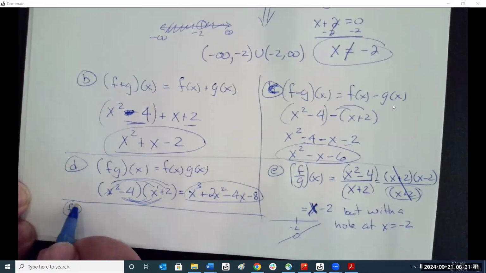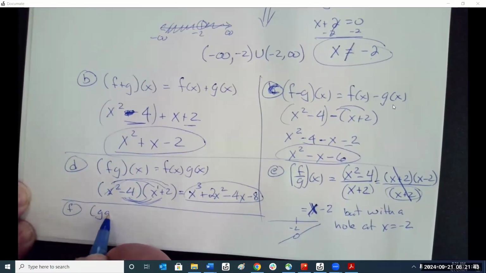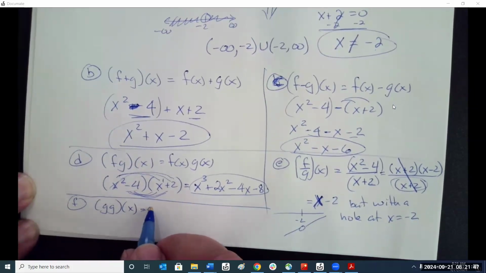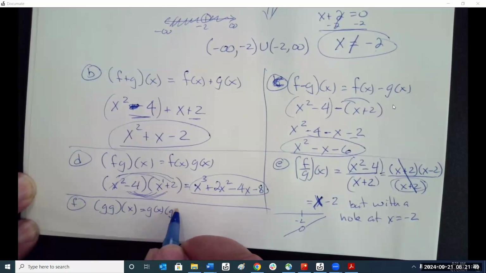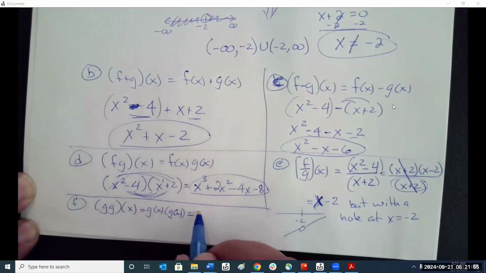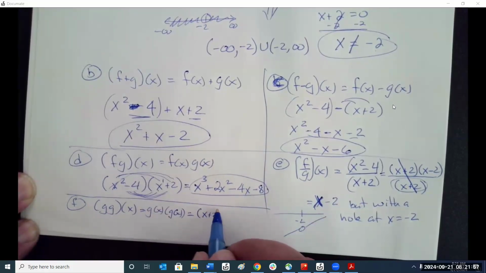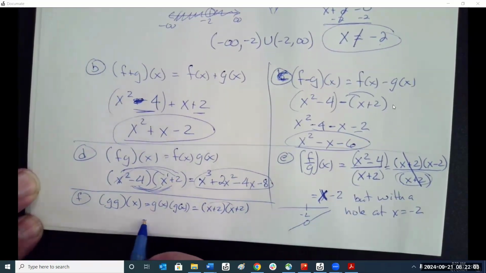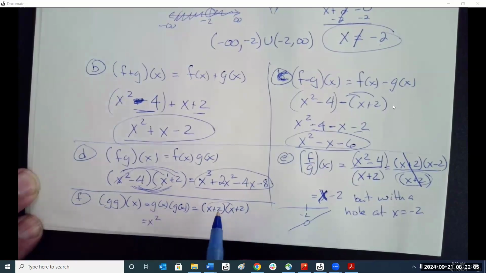And then f times g of x, which is g of x times g of x, which is x plus 2 times x plus 2. X times x is x squared.